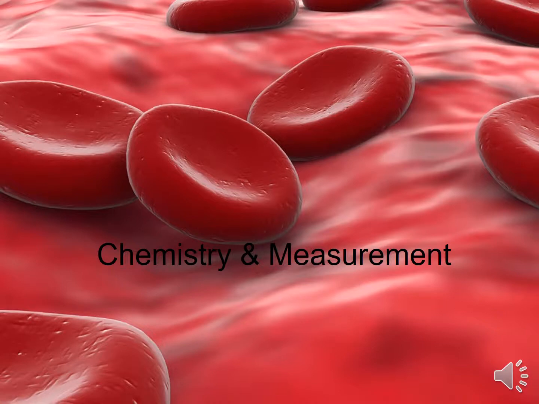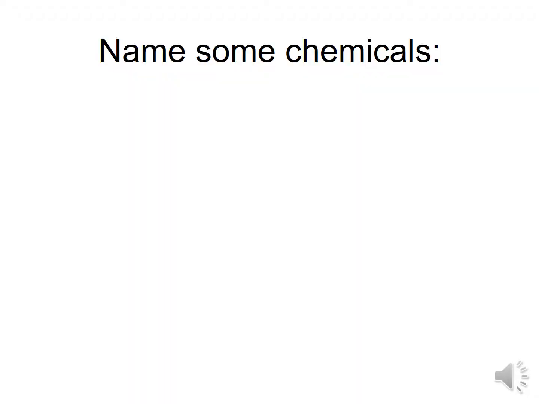Our first module is going to focus on chemistry and measurement. I'd like to first ask you to go back to your memory of Chem 1 and think about some chemicals. Maybe stop the presentation and write some names of some chemicals down. Just ask yourself, how many chemicals can I remember the names of from having learned about chemicals in Chem 1?